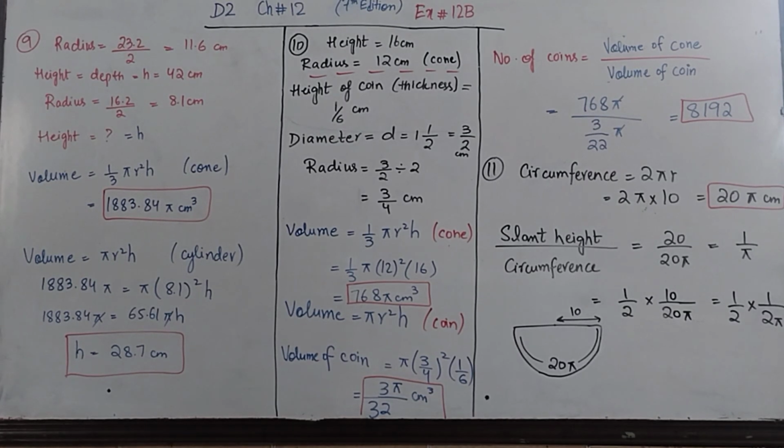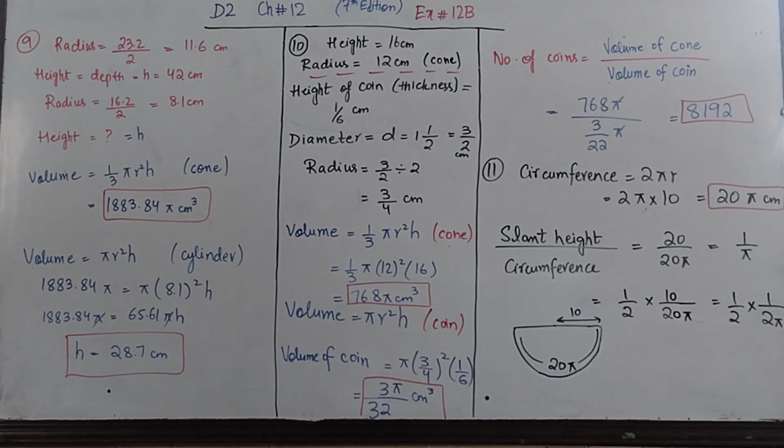The height of the coin is 1 by 6, and the diameter of the coin is 3 by 2. So I find the radius of the coin, which is 3 by 4 centimeter. Volume of the cone is equal to 1 by 3 pi r square h. Put the values and find the volume of the cone, which is 768 pi centimeter cube.